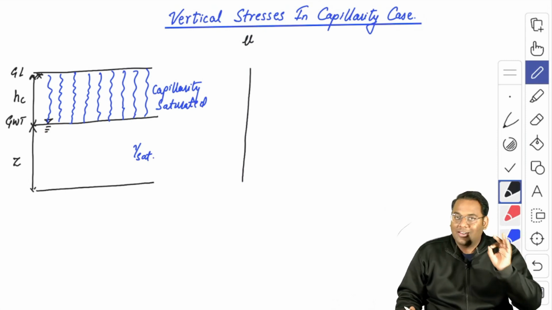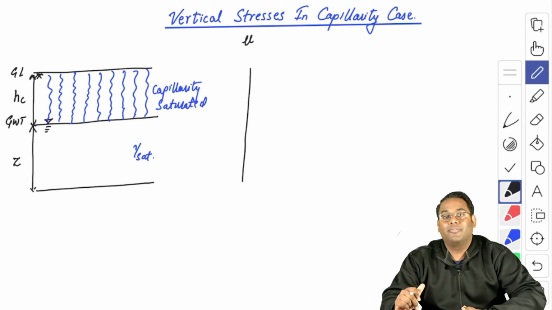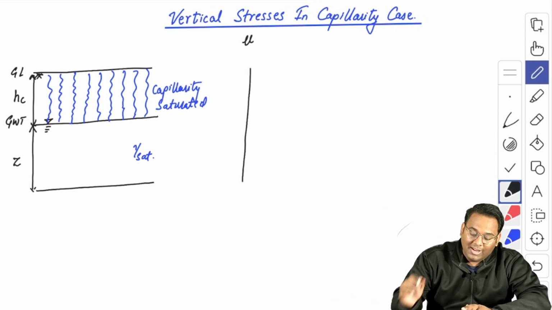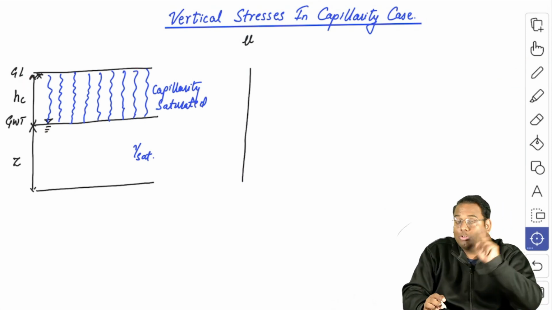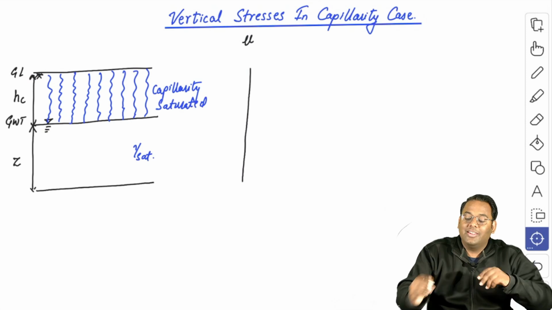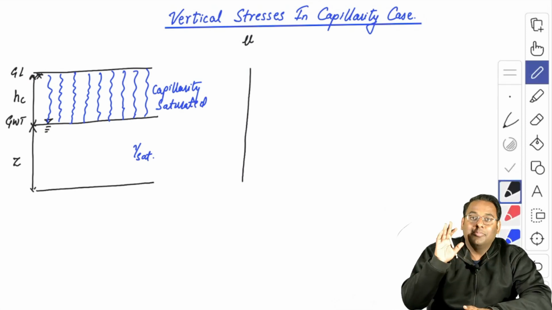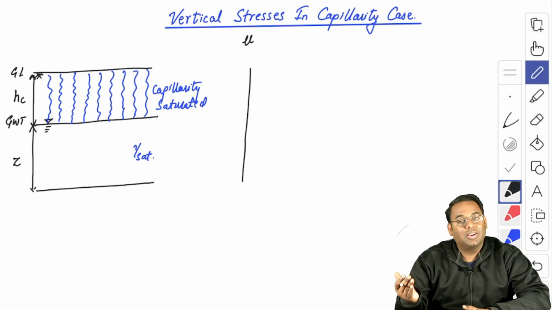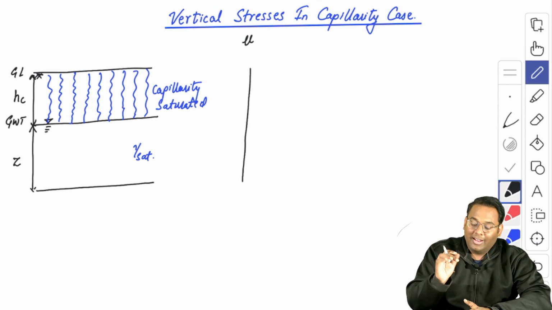But now let us understand that you already know the water pressure variation due to the capillarity, and as this ground level is also the topmost level for the capillarity zone, we can say that at the top of the capillarity zone there is maximum negative suction pressure, equal to gamma W into HC in the water pressure.